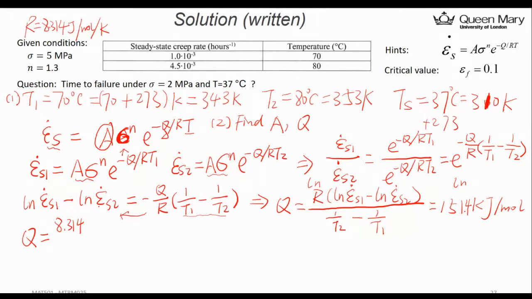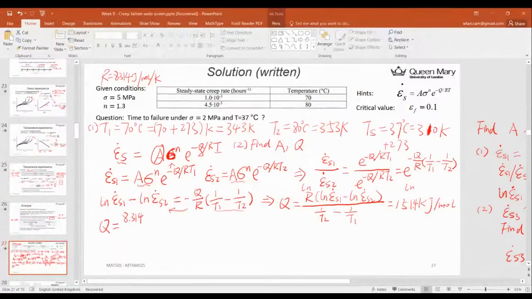Oh, 2 more questions. Sir, when it says Q equals R ln S1, you have 1 over T2 minus 1 over T1. Just wondering, why did it change from the formula beforehand?